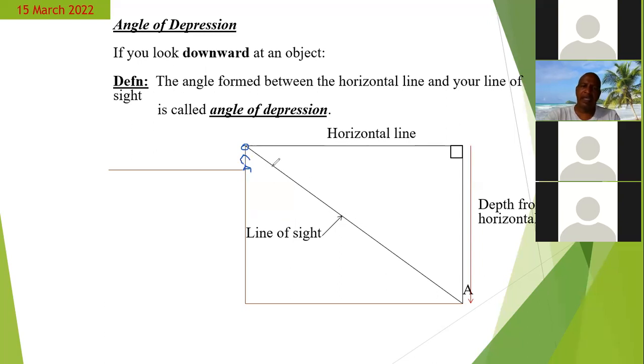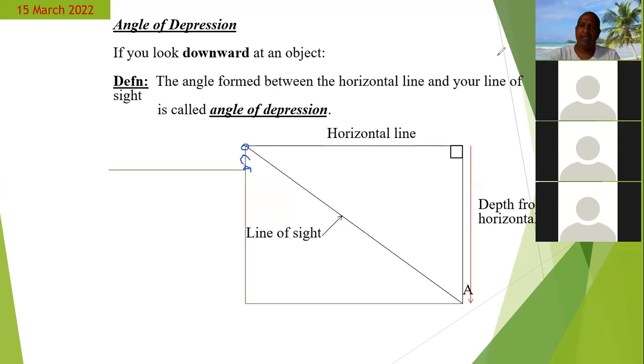All right, so I was saying now, your angle of depression is the angle formed with the horizontal line. Clearly, you would know what the horizontal line is, because it is the line going right across, that straight line going across. Now, your line of sight, you're looking down in the ocean at an object.